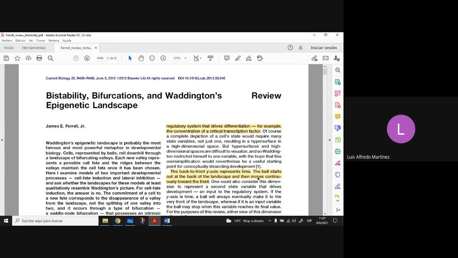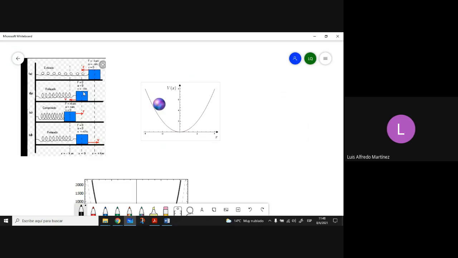First, I need to explain the concept of bistability and bifurcation briefly with this picture here. In physics, one simple model is the harmonic oscillation. The harmonic oscillation of the box of mass m can be modeled with a potential function and a particle confined to the well oscillating around the origin.